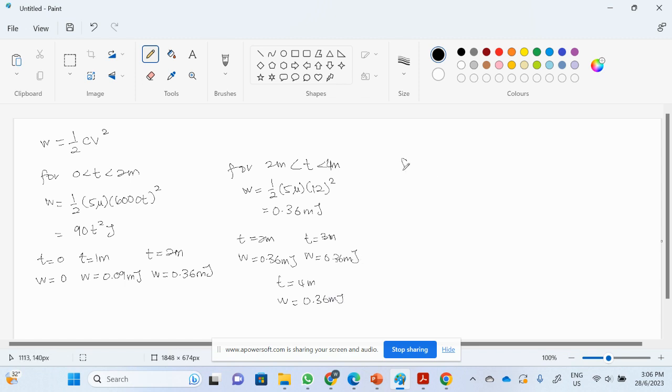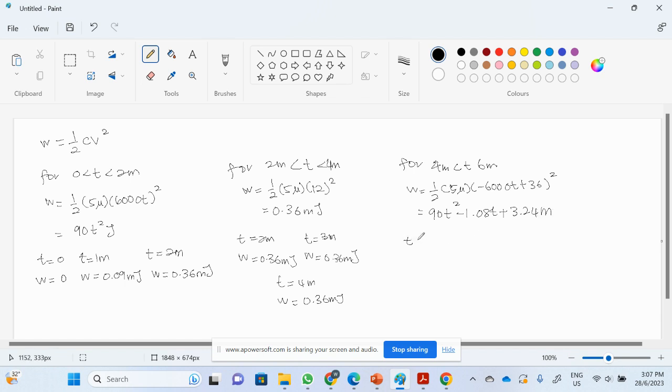Okay. Last one for between 4 milli to 6 milli. W equals 1 over 2, C is 5 micro, V is negative 6000 T plus 36, squared. Okay, this one you have to expand, and then multiply by 5 over 2. So following the equation here, you will get 90 T squared minus 1.08 T plus 3.24 milli.